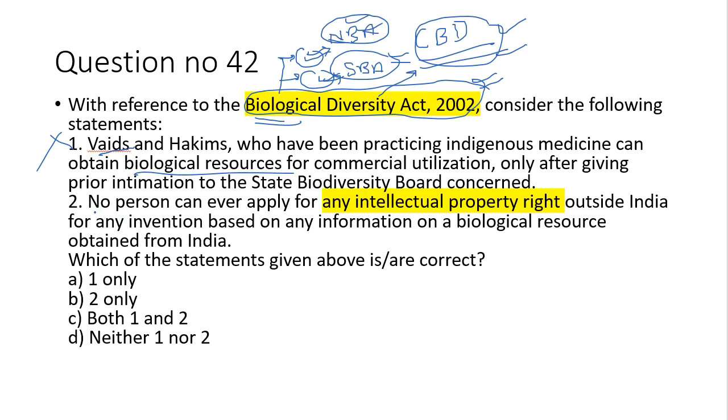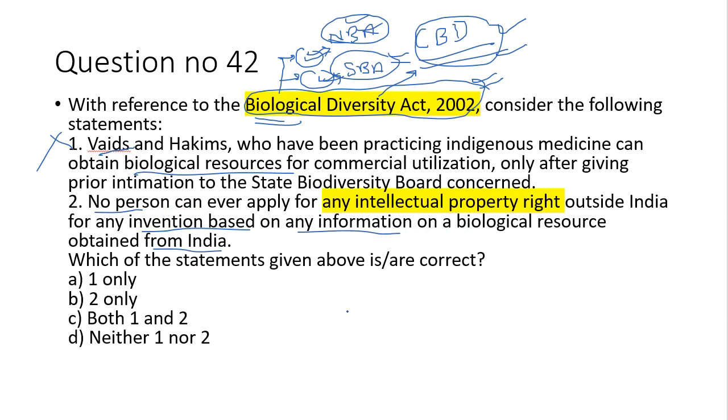Statement number 2 is that no person can ever apply for any intellectual property right outside India for any invention based on any information on biological resources obtained from India. This is a lengthy statement, but it is saying that no person can apply for intellectual property rights.